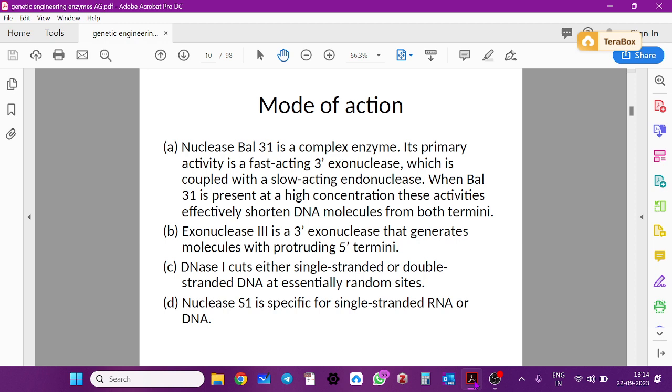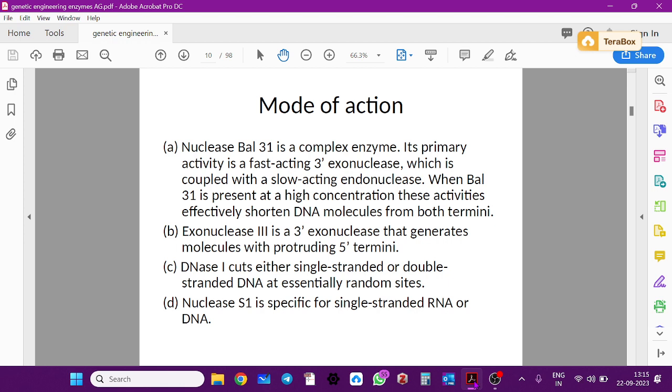So it is a complex enzyme. It is a fast-acting 3' exonuclease. Very fast, it is true.